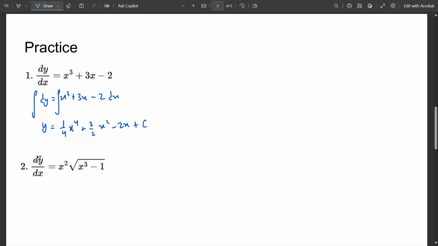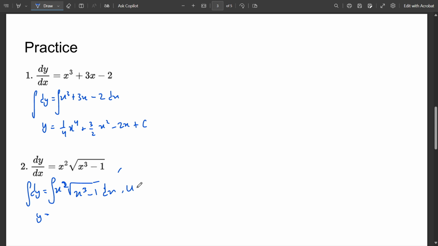Next, number 2, dy by dx equals x squared times the square root of x cubed minus 1. We can use substitution in this, but let's write it first as dy equals x squared times the square root of x cubed minus 1 dx, and we integrate both sides.